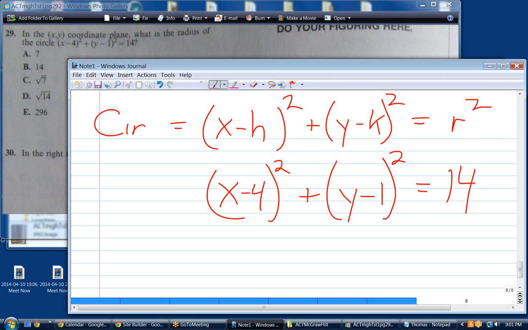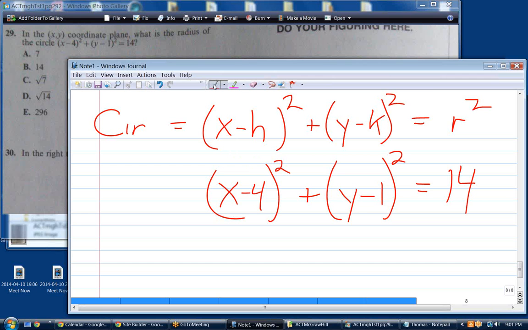Where's the center of that circle? The center is -4, -1. Now, notice the general formula is x minus h. So it's 4, 1. Right. So the center is at 4 and 1.